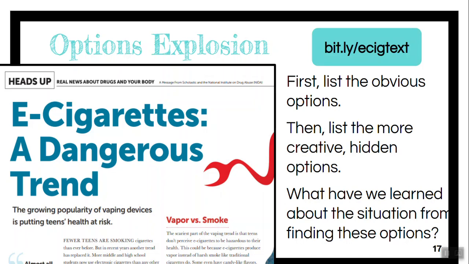Then you'll follow the first 2 steps by yourself on Post-its, and then you'll come together to share aloud with your learning buddy and then discuss. What have we learned about the situation from finding these options? Go ahead and pause this video to engage in these steps.